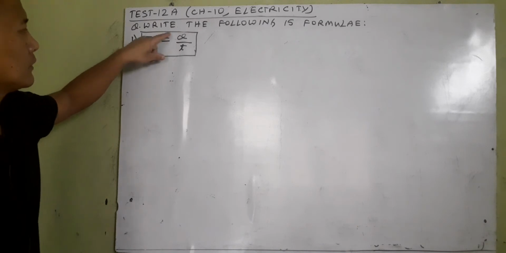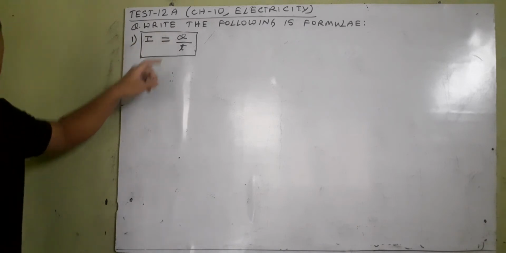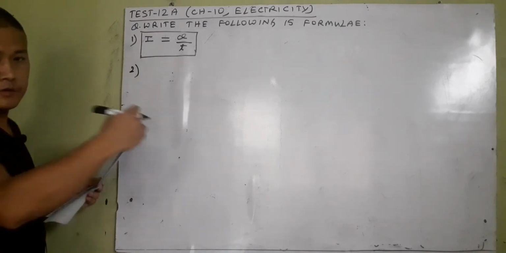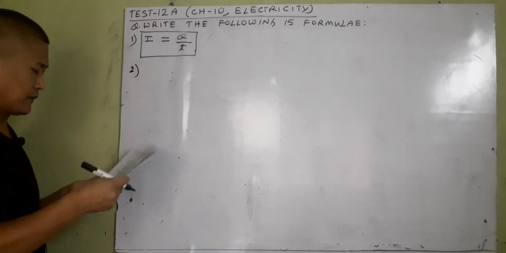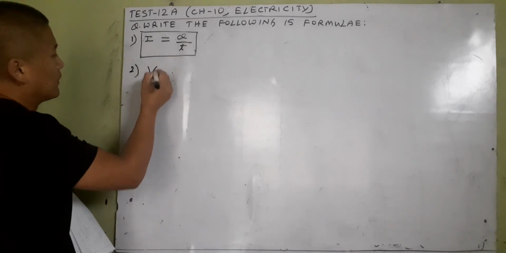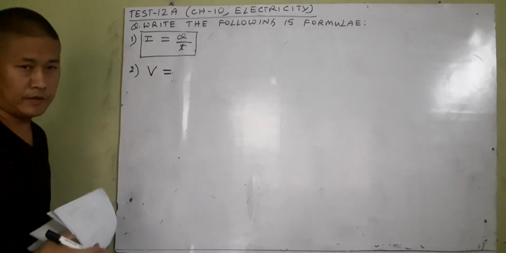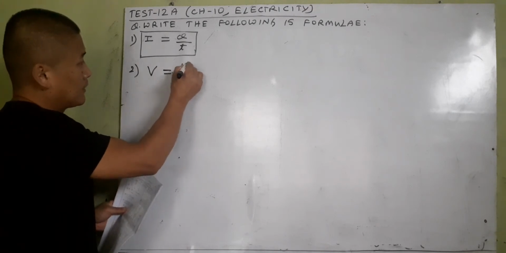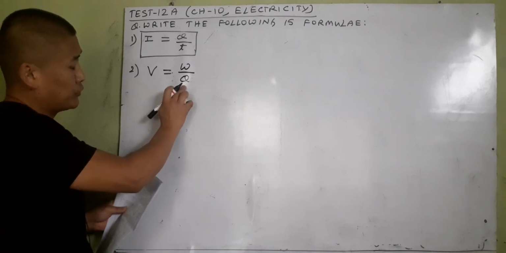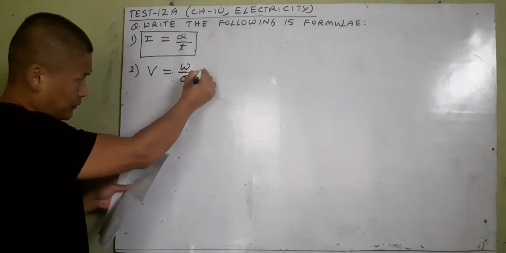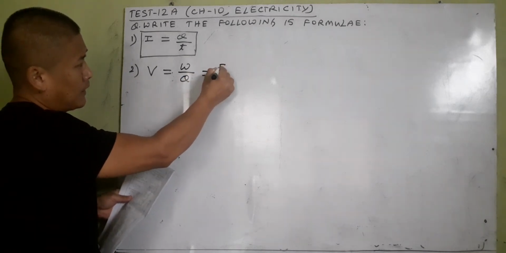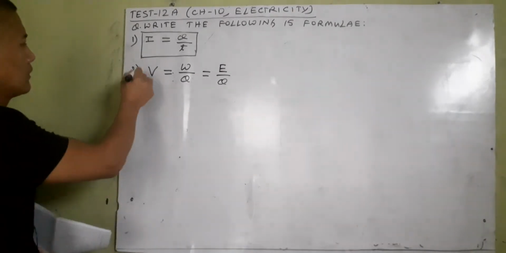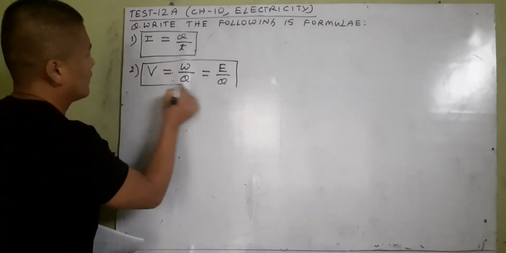And the second formula in electricity: V, the potential difference, or voltage as it is also called, is work divided by charge Q, which can also be written as energy by Q, because work and energy are the same. So memorize this second formula.